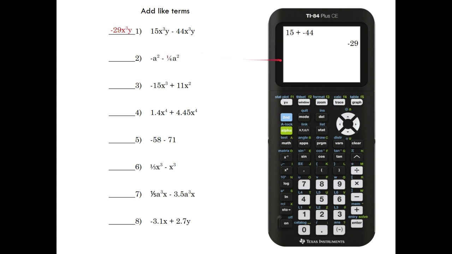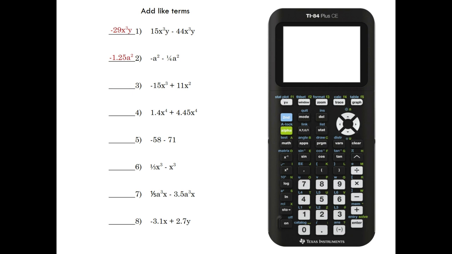And number 2, negative a squared minus 1/4 a squared. They both have a squared, so you can add them together. Number 2 has a negative 1, right? If there's no number in front, it's negative 1. So you're going to add the coefficients, negative 1 plus a negative 1/4, and the answer is negative 5/4. You can convert it to decimal, and you'll get the answer as negative 1.25 a squared.